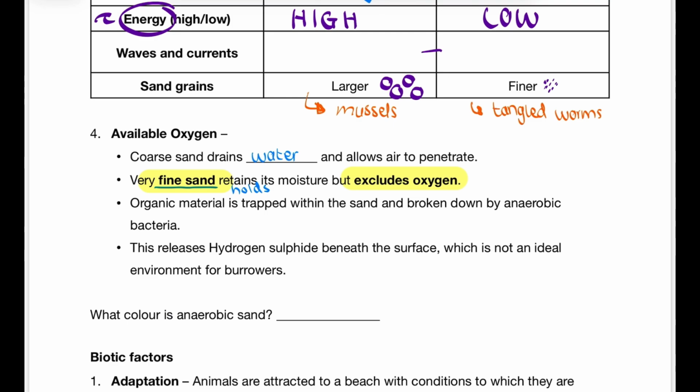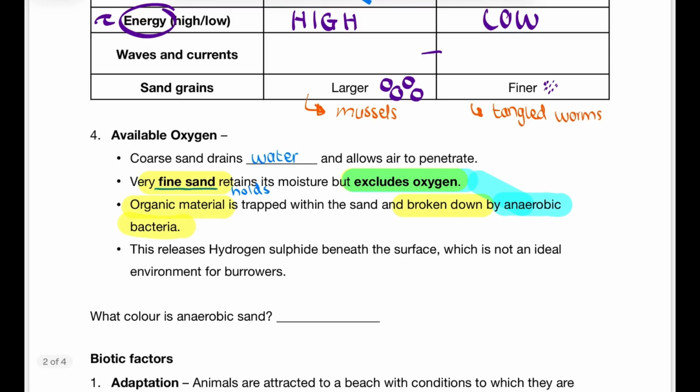So what this then does is it will trap organic material. That organic material will be broken down by bacteria, and remember that it will be broken down by anaerobic bacteria because there is no oxygen in there. Okay, and then lastly, this releases hydrogen sulfide.